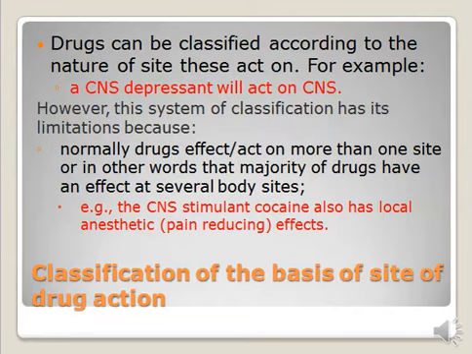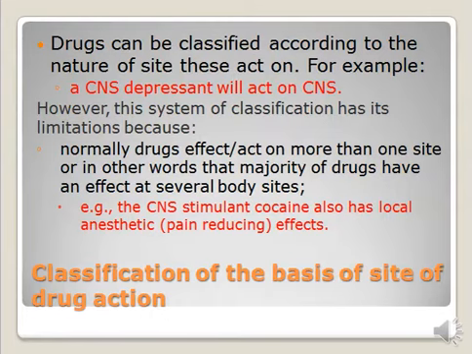However, this system of classification has a very big limitation because, as mentioned earlier, drugs act on more than one site, right? In other words, the majority of drugs have effects on several body sites. For example, a CNS stimulant, cocaine, also has a local anesthetic effect. It means it also reduces pain, right?